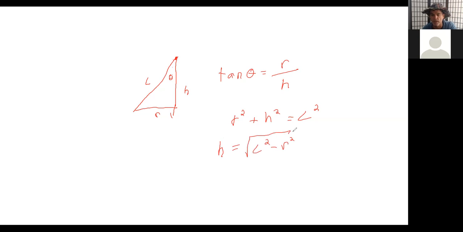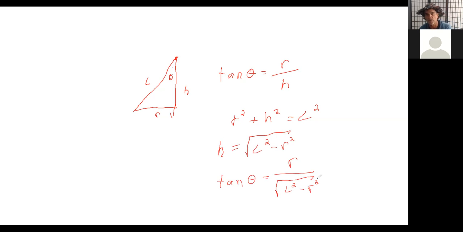So then you're just going to replace tangent of theta by this function of r over h. You're going to end up getting that tan theta is equal to r divided by the square root of L squared minus r squared. And then you're just going to end up replacing tan theta by that.